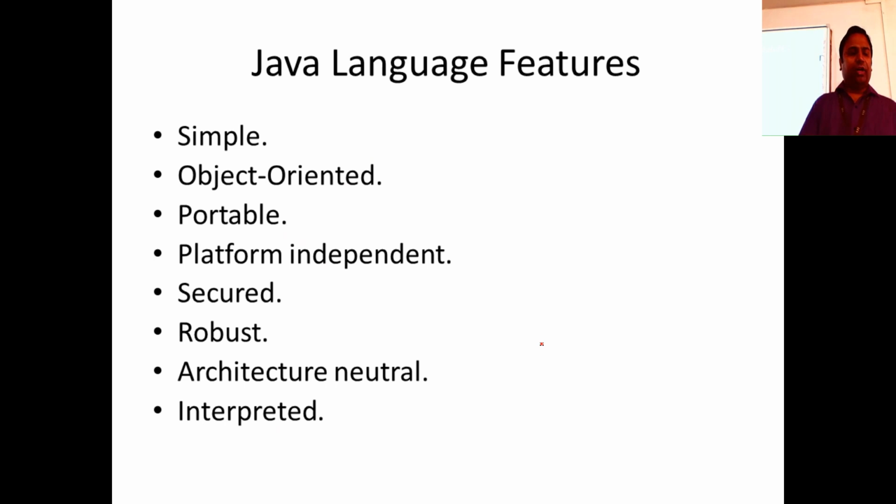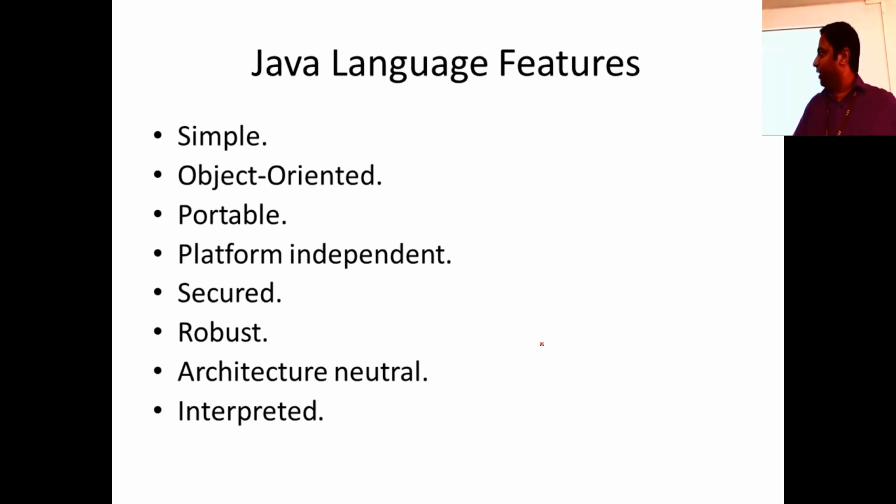So why Java? The important fact that was convincing is that it's portable and platform independent when compared to C and C++. Your C and C++ code is machine dependent, so you can't really port it across different platforms. Whereas Java has come out with the idea of making it platform independent, the bytecode concept.